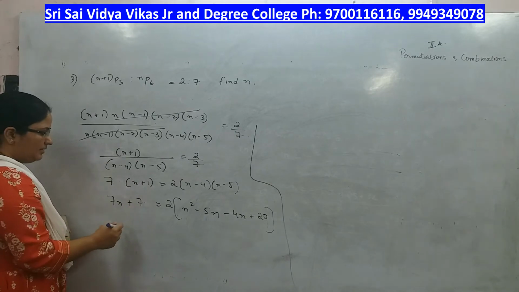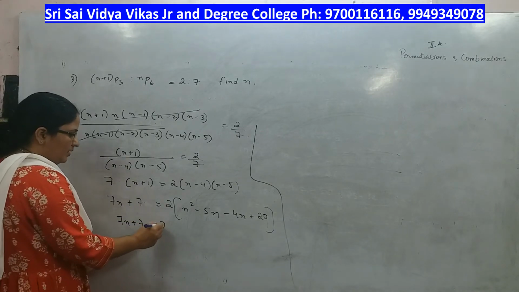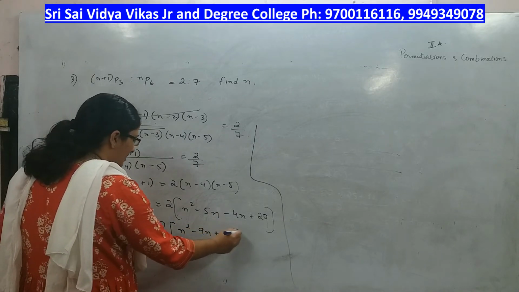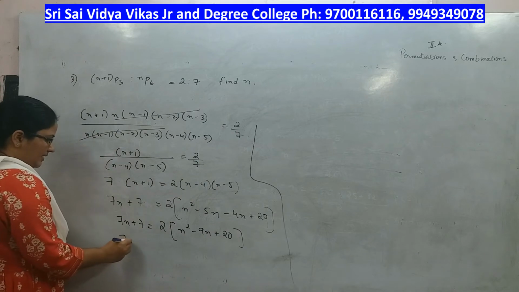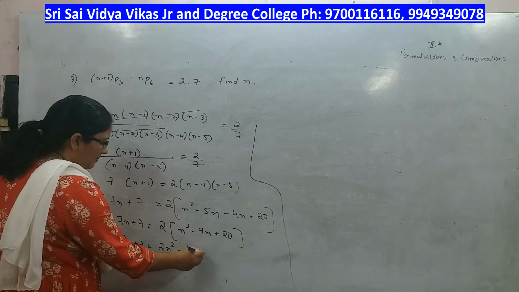So this is nothing but 7n plus 7 is equal to 2 into (n square minus 9n plus 20). 7n plus 7 is equal to 2n square minus 18n plus 40.